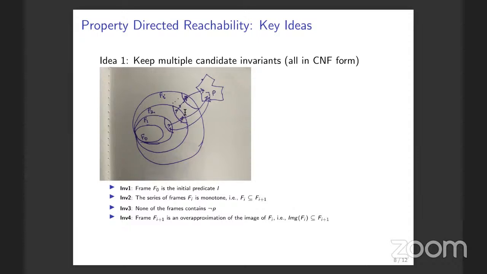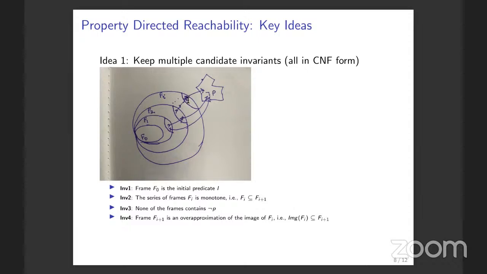They are only candidate invariants; they are not really invariants. See, whenever you have some set of P states, which is a subset of P, when is it not inductive?